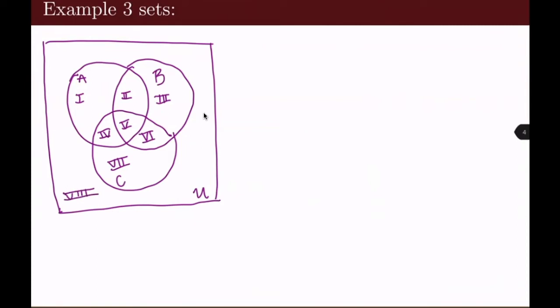All right. Now we'll look at each area and figure out what it means. Roman numeral 1. This represents elements in A, but not B or C.